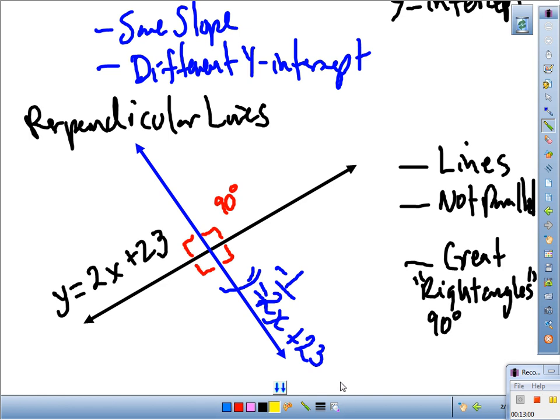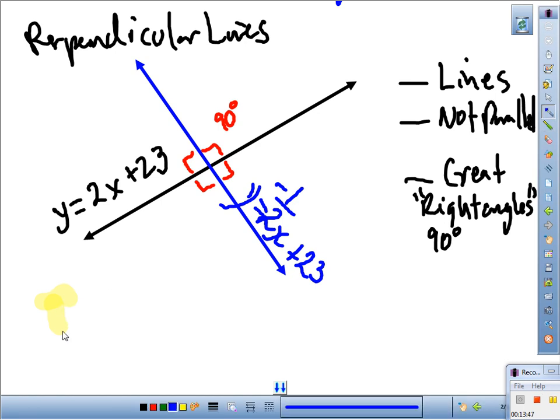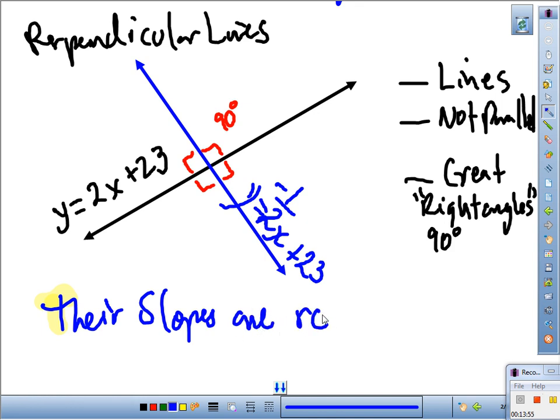Let's try Victor. What makes them particularly perpendicular? Their slopes are what? Reciprocal.